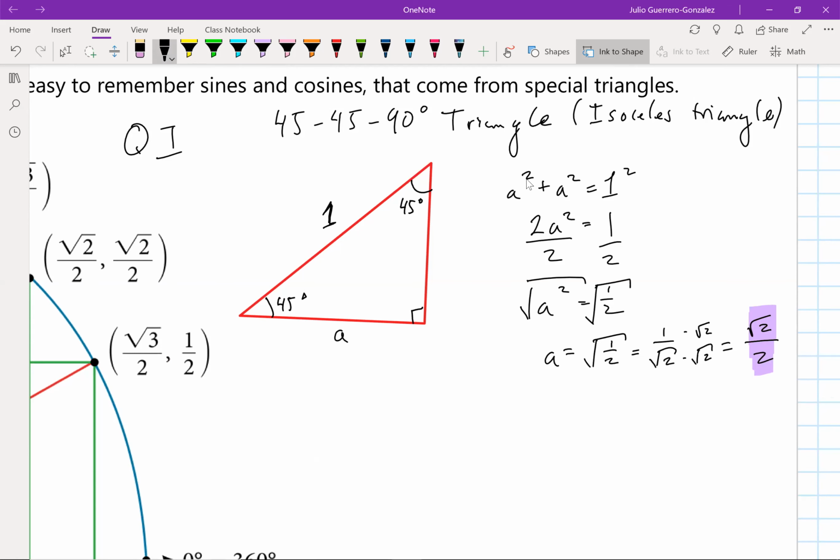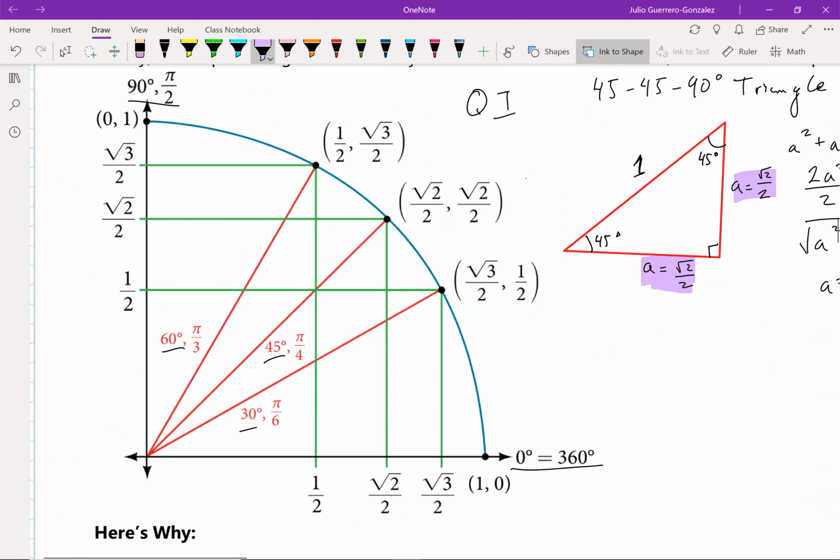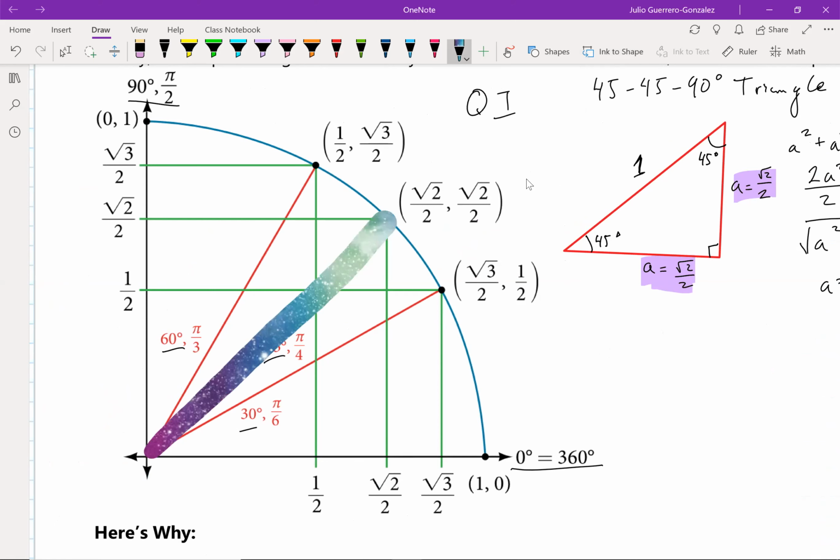So now, let me actually leave that as A. We have that A is root 2 over 2, okay? And we are done. We have our 45, 45, 90 triangle complete with the values that we need, okay? And if you notice, that's this triangle right here. Let me actually, I wonder if I can use my space pen. Yep, there we go.